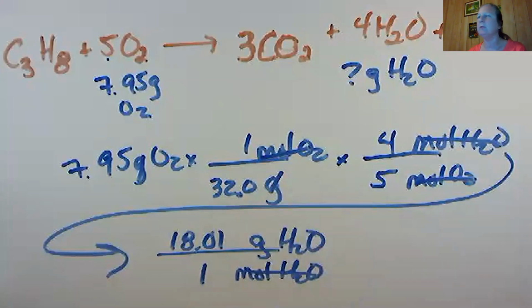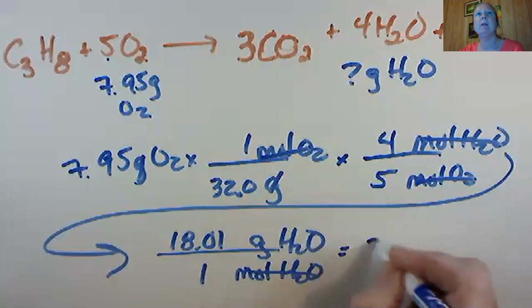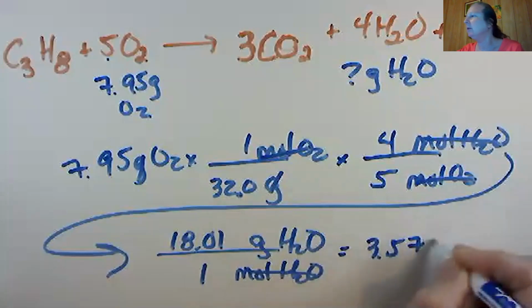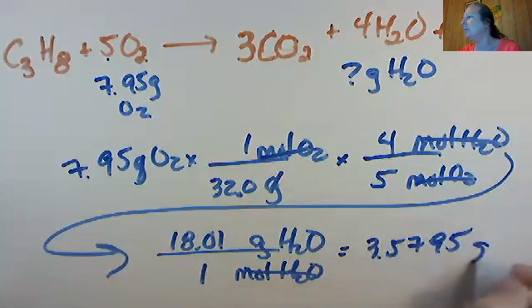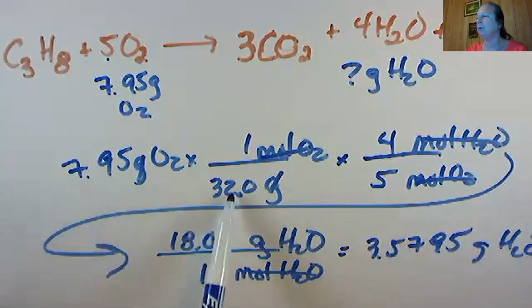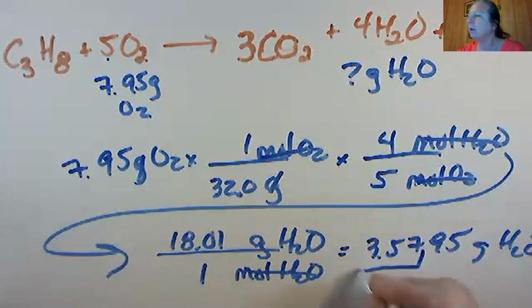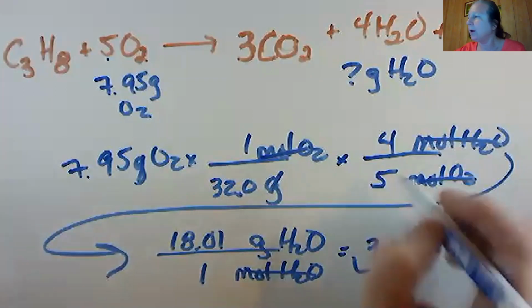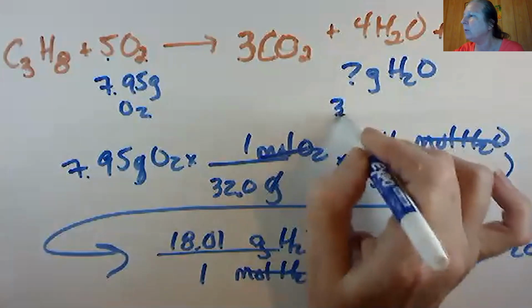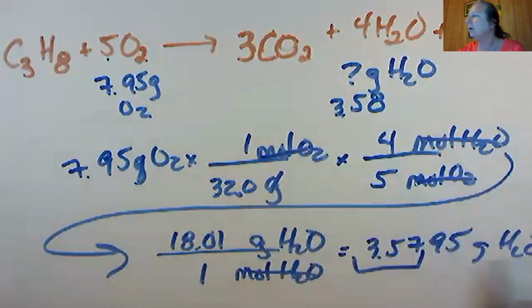It's this times this, exit parenthesis, equals 3.5795 grams. Okay, I have 3 sig figs there. I have 3 here. That does not count. I have 4 here. I'm multiplying and dividing, so I count. So it's 3 sig figs, which is that. So my answer is going to be 3.58 grams of water.